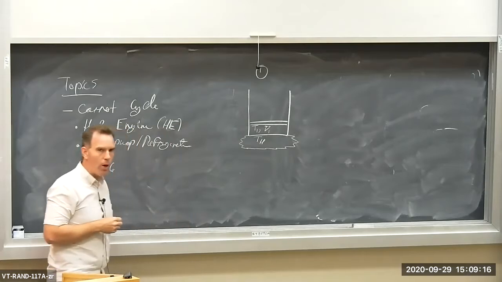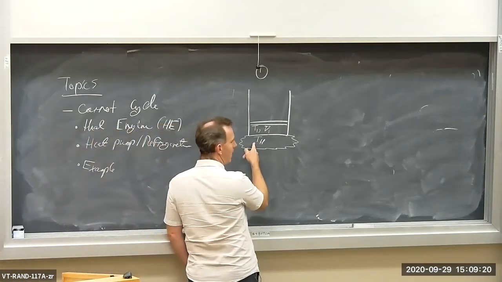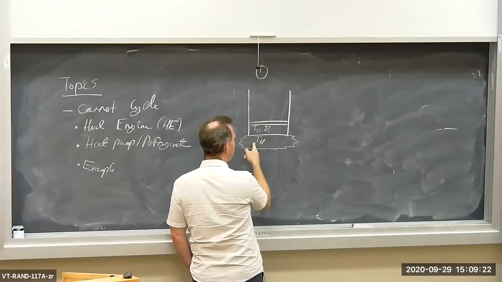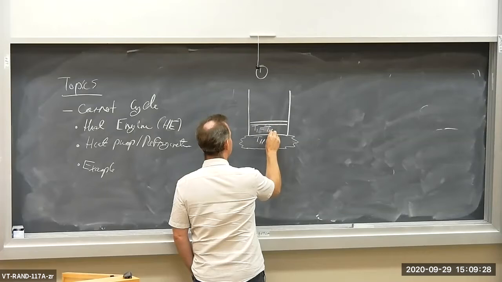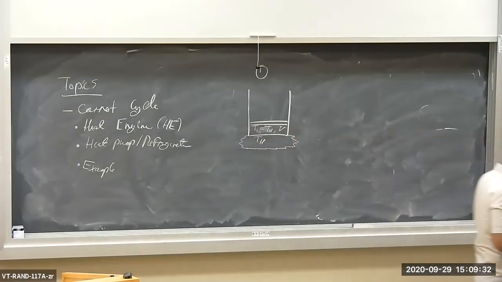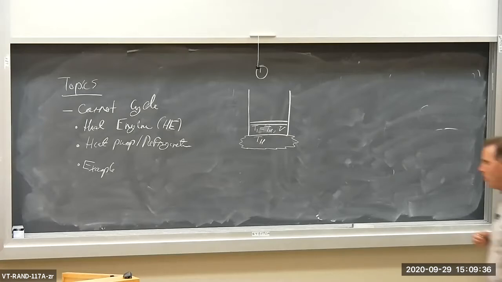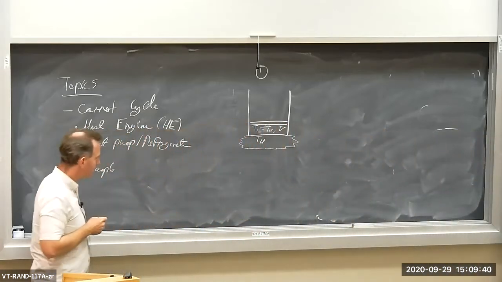So at state one, the system is in thermal contact with a hot reservoir TH. What that means is that temperature T1 is equal to TH. So we start off with an initial temperature T1, which is equal to the temperature of a high temperature reservoir in thermal contact with our system.